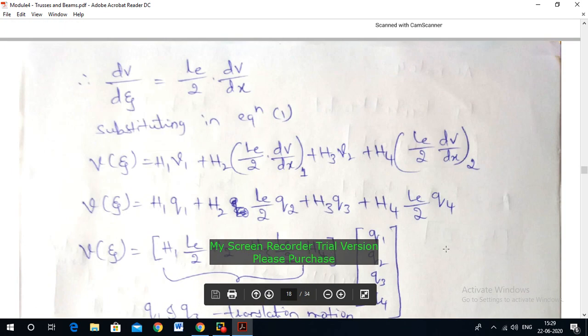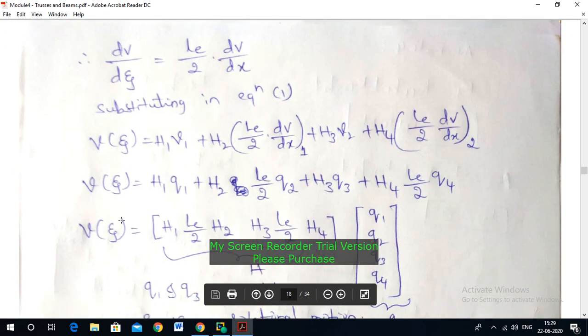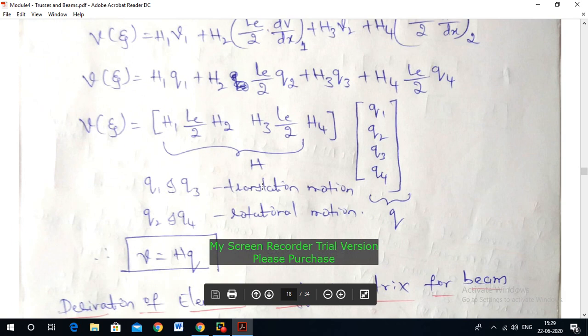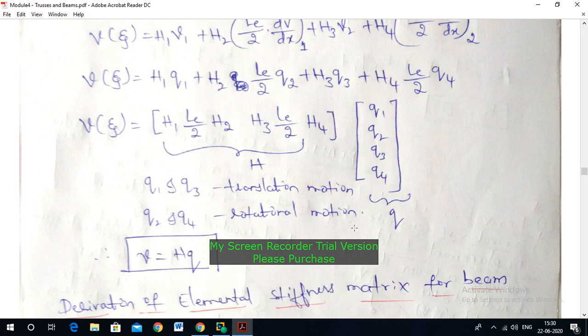I can write the above equation in matrix form as v of zeta equal to the row of Hermite shape functions h1, h2 LE by 2, h3 and h4 LE by 2 multiplied by q1, q2, q3, q4, where q1 and q3 are the translation motions and q2 and q4 are the rotational motions.